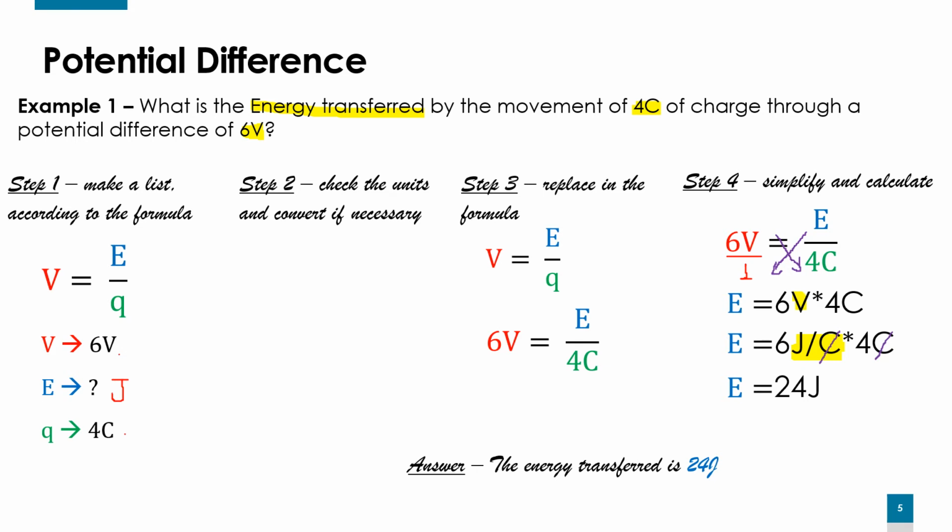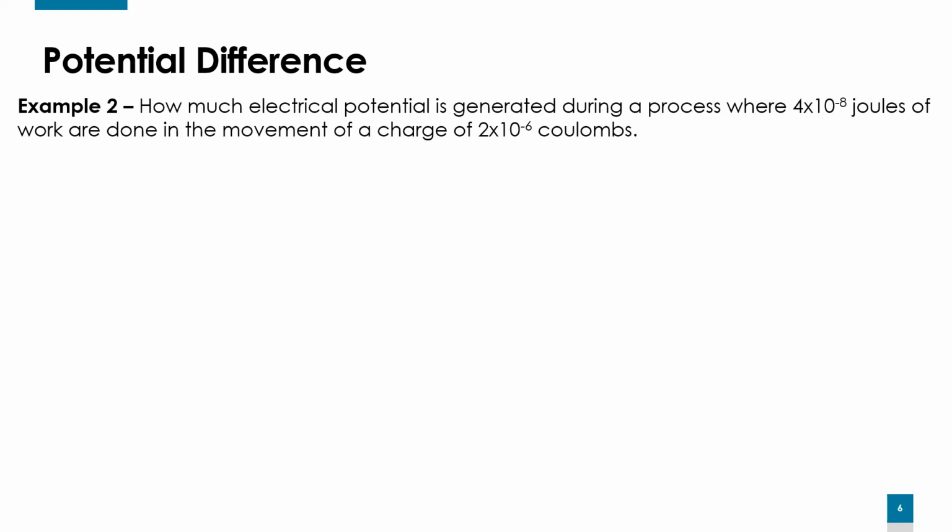Okay? So let's do the next one. Example 2. How much electrical potential is generated during a process where 4 times 10 to the power of minus 8 joules of work are done in the movement of a charge of 2 times 10 to the power of minus 6 coulomb? Okay, now what do I do?